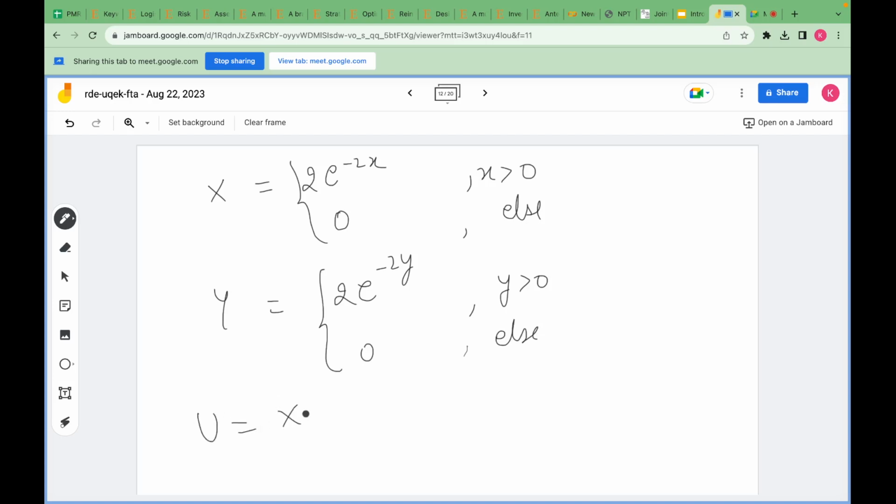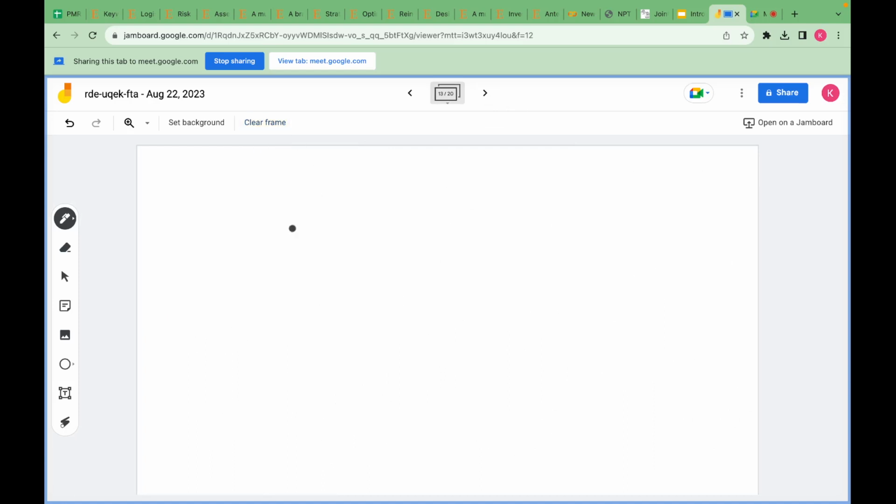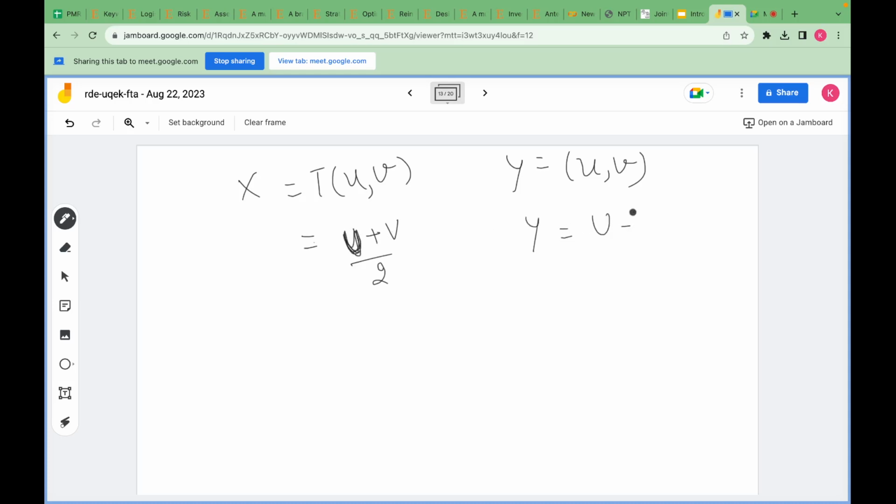U is given as x plus y, and v is given as x minus y. Now we need to write x and y as functions of u and v. So x is nothing but (u plus v) by 2, and y is nothing but (u minus v) by 2.